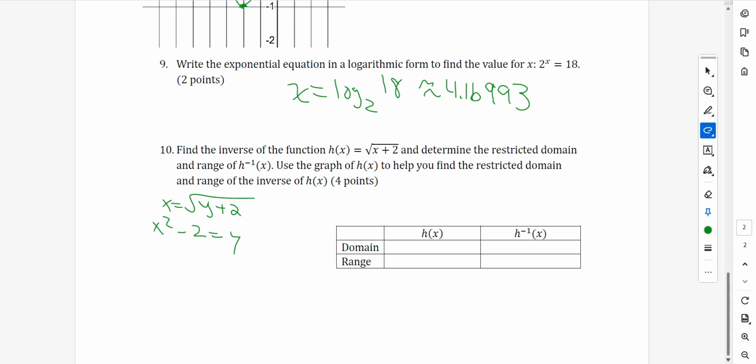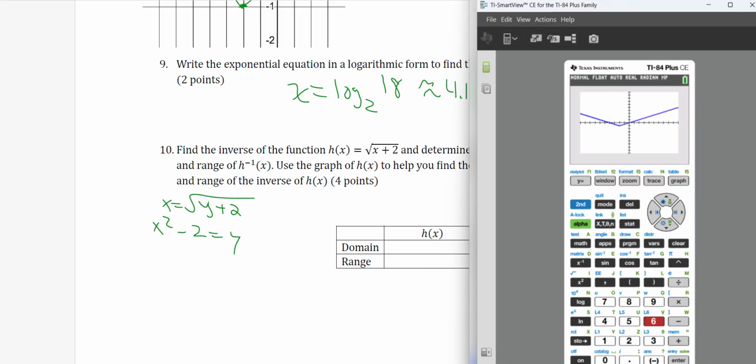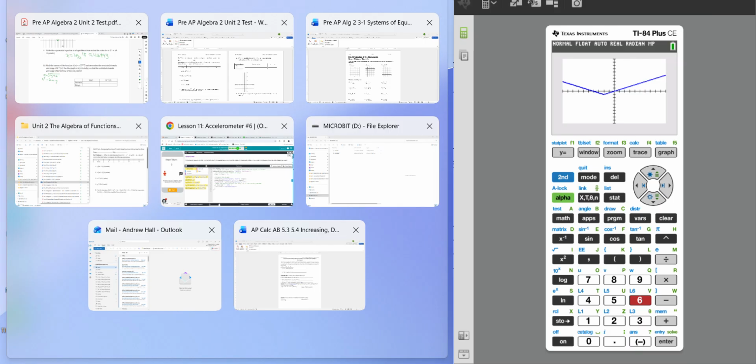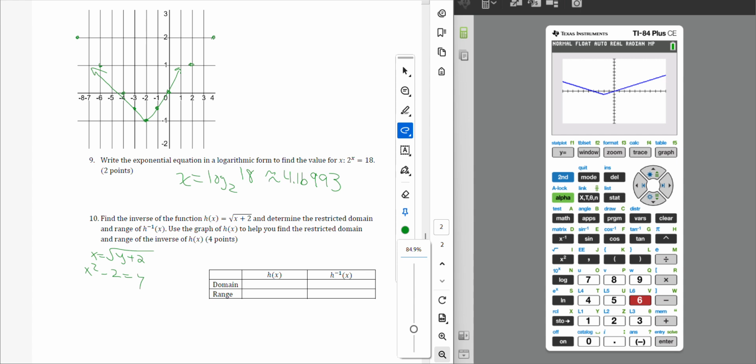Okay. Now, I wrote the table just because sometimes putting a table in is the easiest way to organize stuff. So I said use the graph of h to help you find the restricted domain and range of the inverse. Okay. So on the calculator, I'll zoom out a little bit.